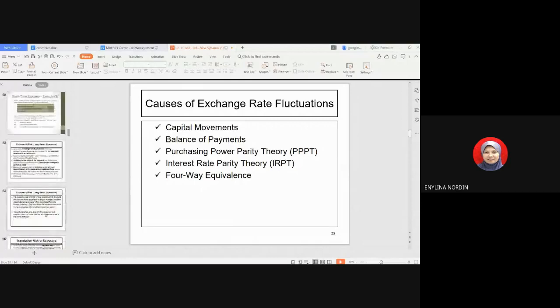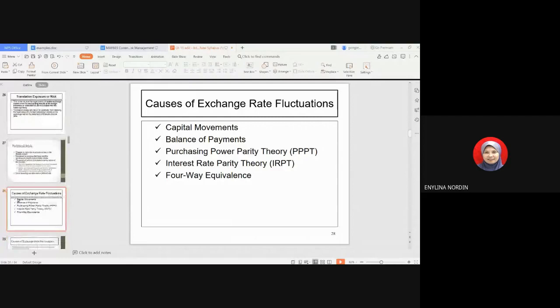The next one, we go to the causes of the exchange rate fluctuations. So these are the factors that influence the changes in the exchange rate. So these are the factors that cause the exchange rate to depreciate or appreciate, right?